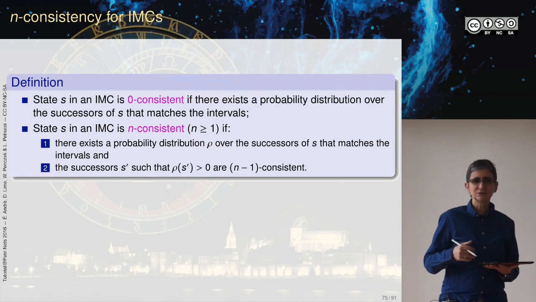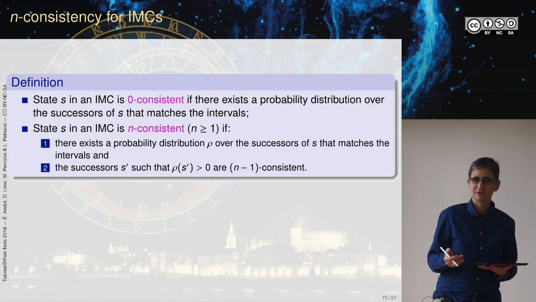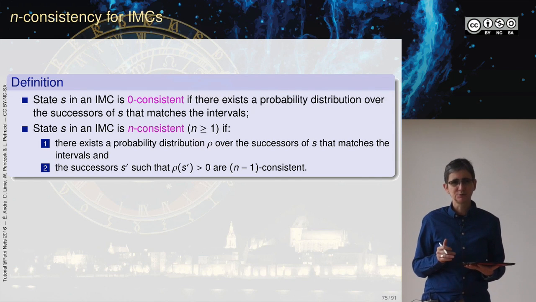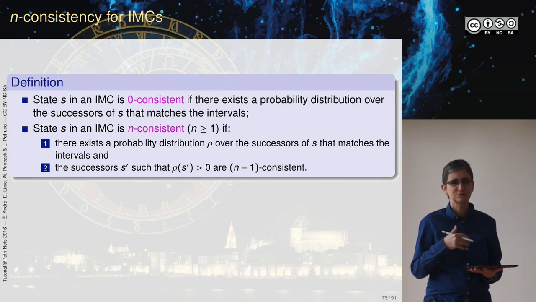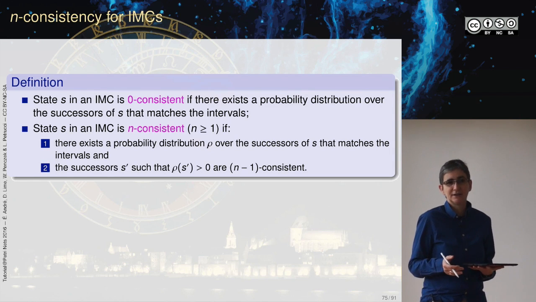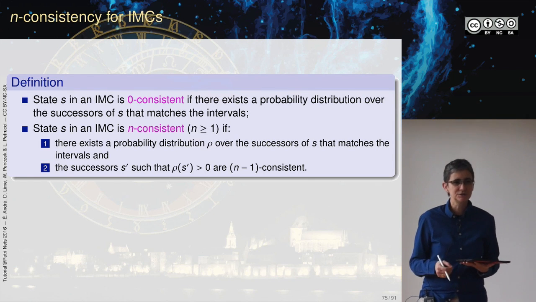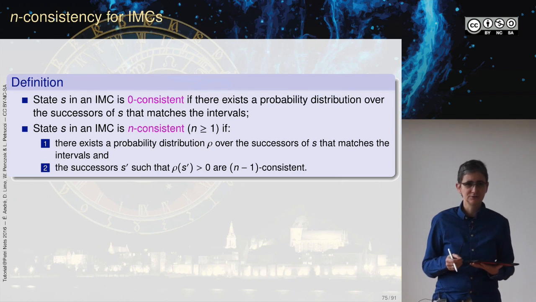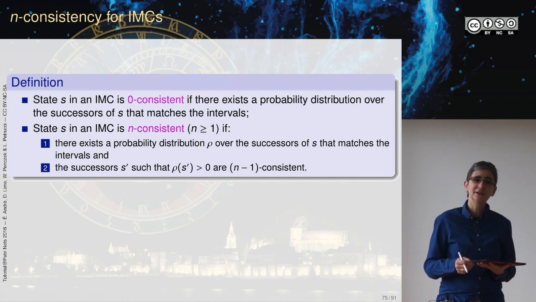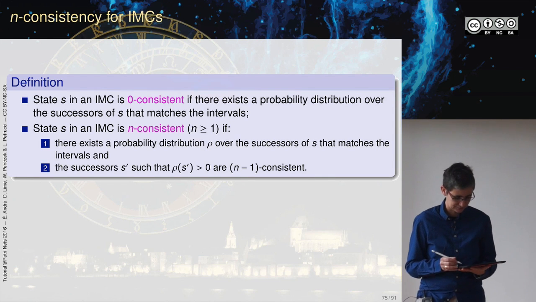So you can either choose to disable something, saying, well, I choose a distribution that goes from one state S to a state S prime with probability 0, and then I disable this transition, or I choose to keep it, and so I don't choose the probability 0, but then I must ensure that the state I reach is n minus 1 consistent.